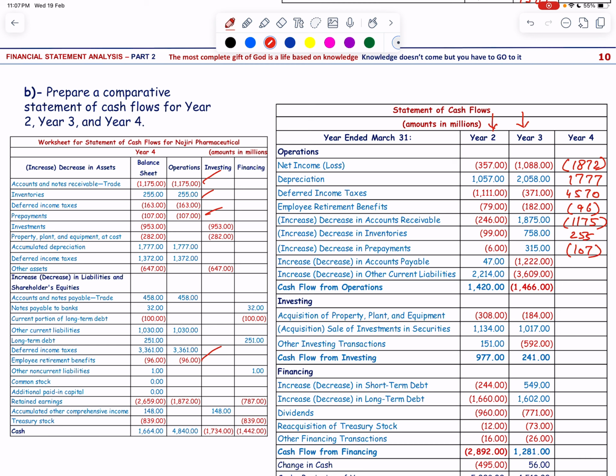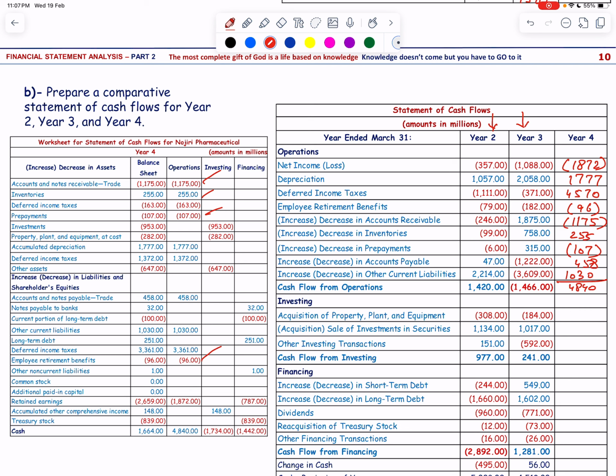Increase or decrease in accounts payable, that is 458. And increase or decrease in the other current liabilities, that is 1030. So we make a total, and the total is 4840.